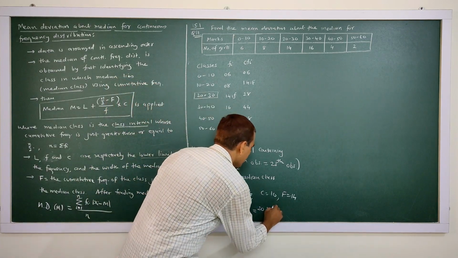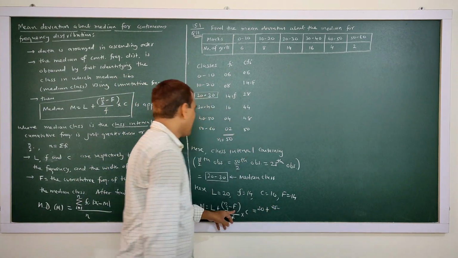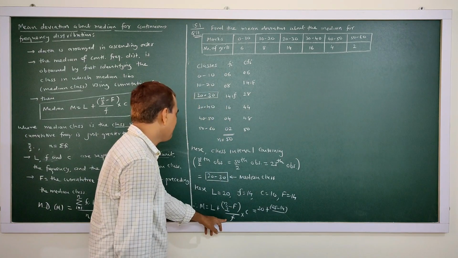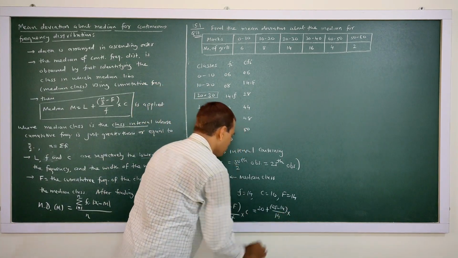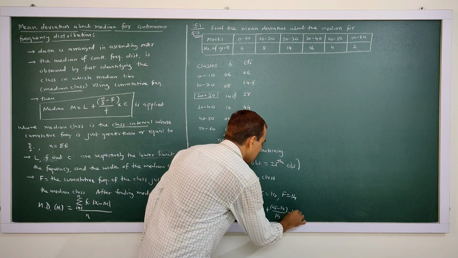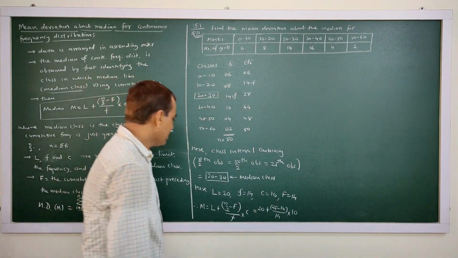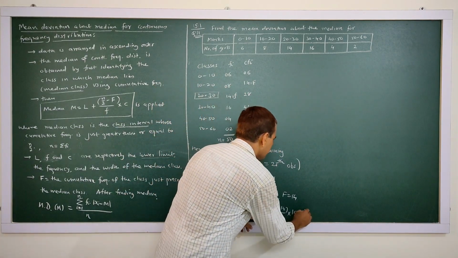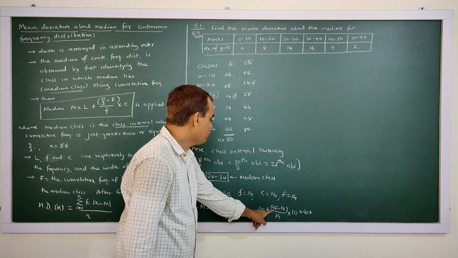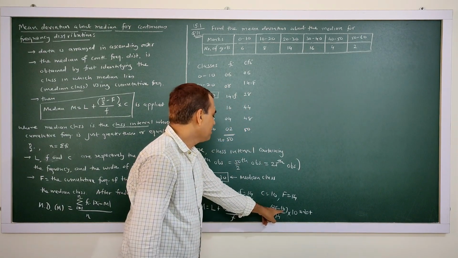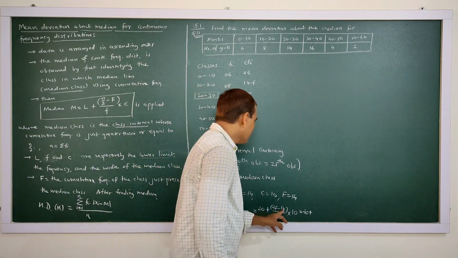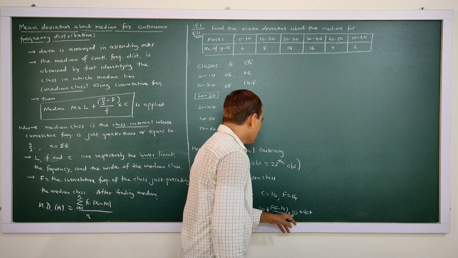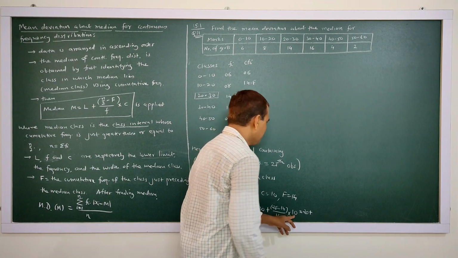N is 50, so 50 by 2 is 25, minus capital F, capital F is 14, upon small f is 40, into C is 10. That is 20 plus 25 minus 14, that is 11. 11 into 10 is 110. 110 by 40 is 55 by 7.